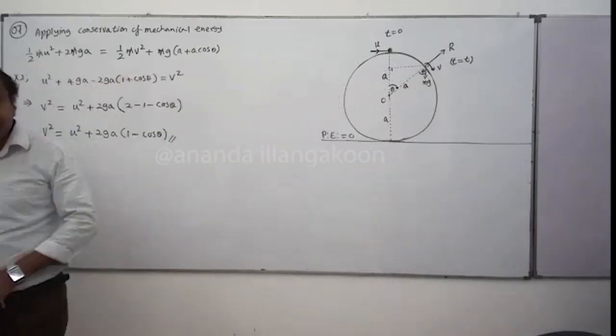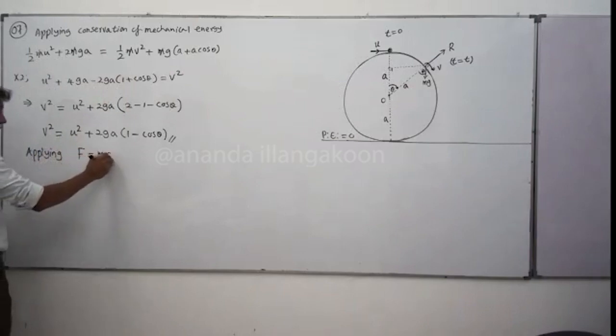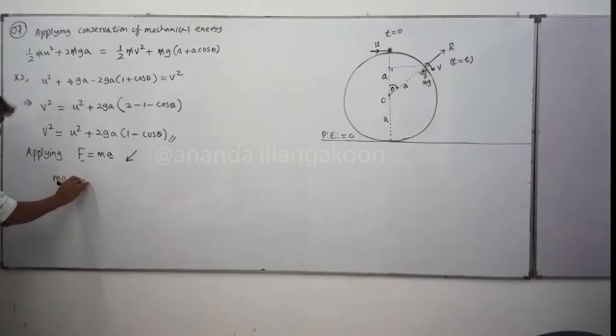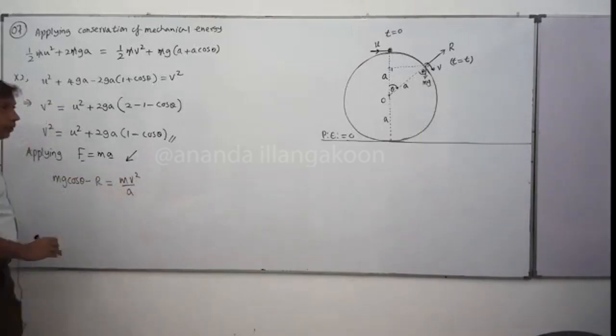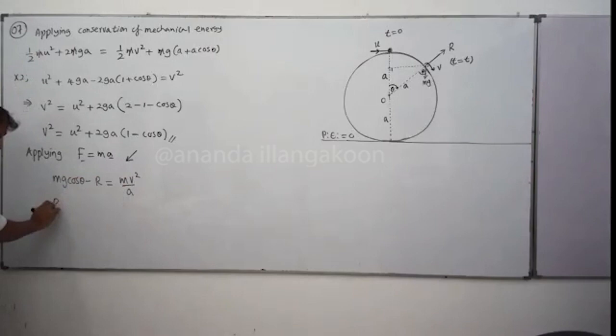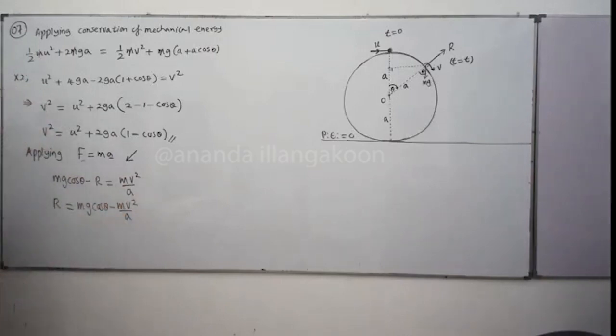Applying F equals ma towards center, what is that? mg cos theta minus R equals mv squared upon A. Then R can be subjected, take this side and bring this side. R equals mg cos theta minus mv squared upon A. Right?